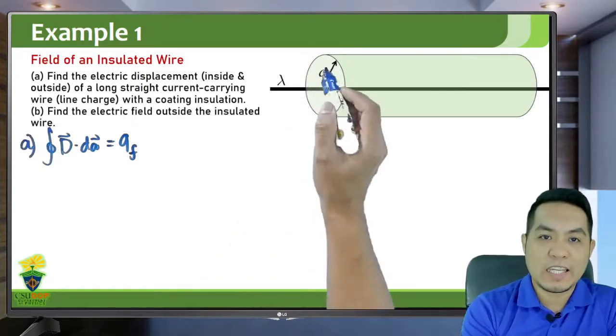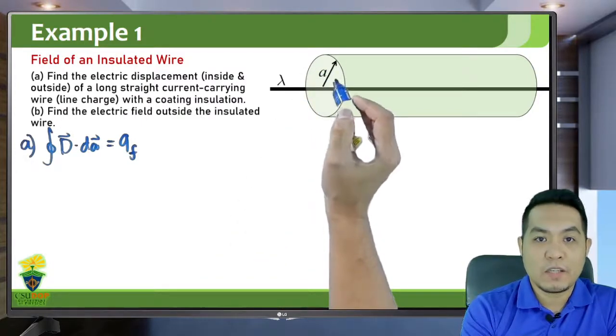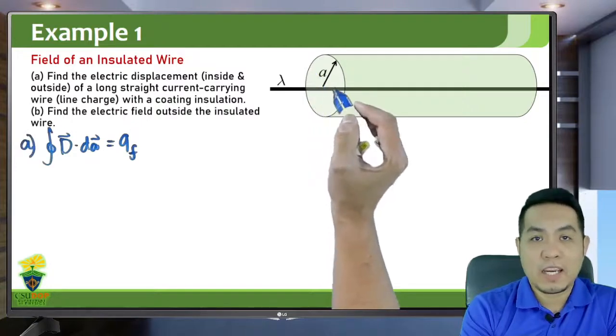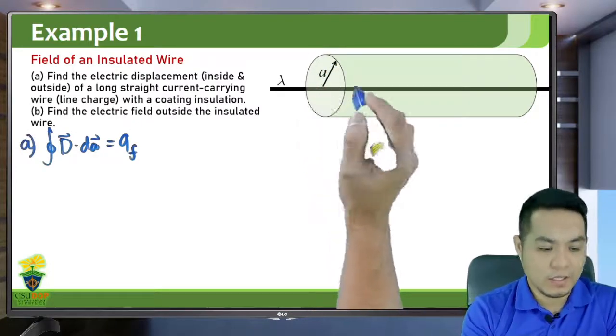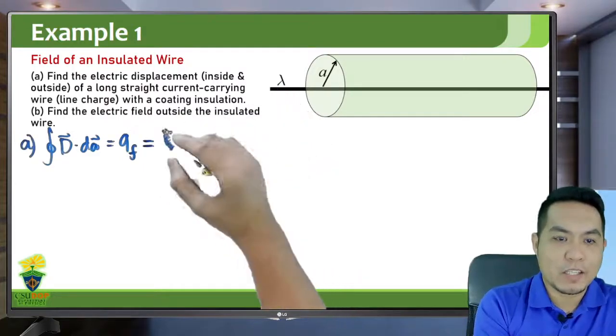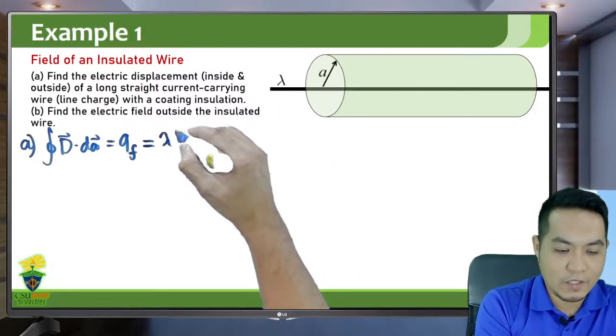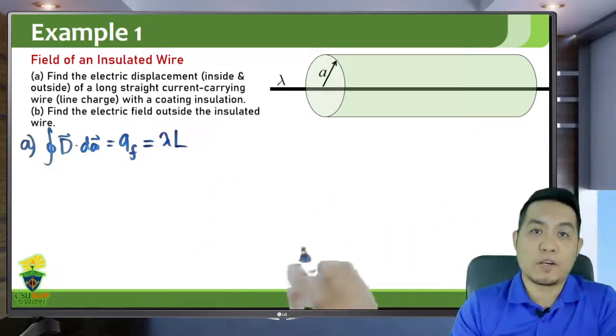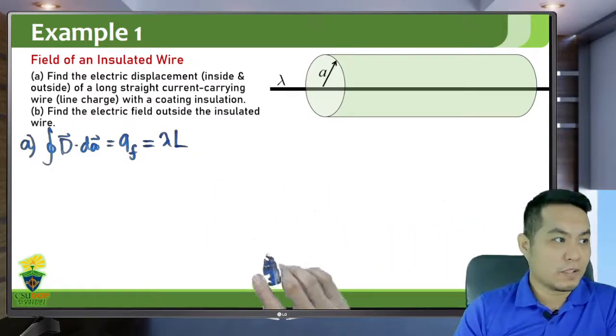You will still need to form a Gaussian surface here. So your Gaussian surface will be a cylinder because this is also a cylinder. So the charge enclosed, given the charge density lambda, is just lambda times the length enclosed by your Gaussian surface.